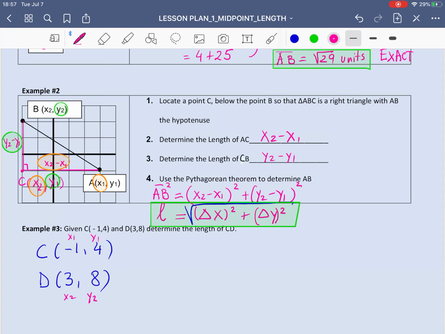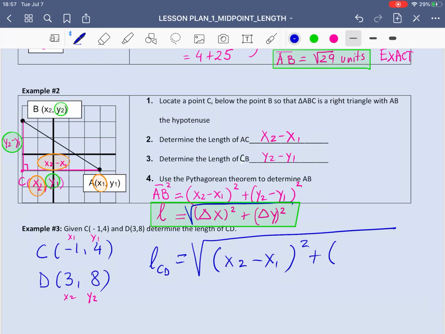Now, I'm going to say that the length of CD, I'm going to use blue. Length of CD is equal to the square root of the change in the x variables plus the change in the y variables, each of them squared, and then square rooted, the whole thing.